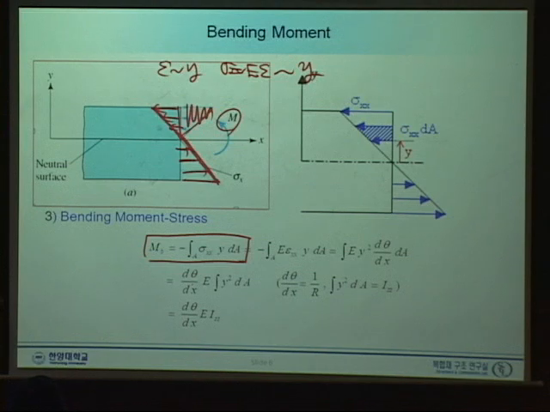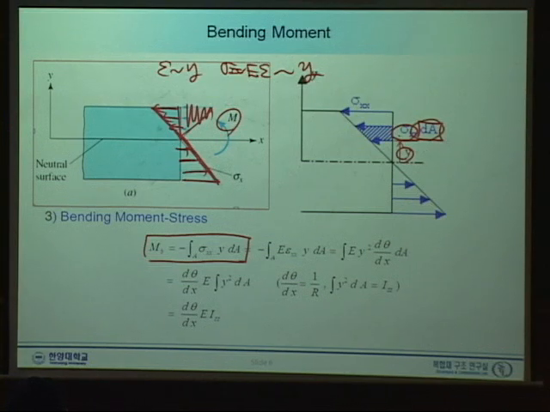Okay, how do we get this relation? Let's say we have a certain stress applied here at the location y, and this is sigma xx. First we multiply by dA to get a force. This is the stress times area, which is the force.